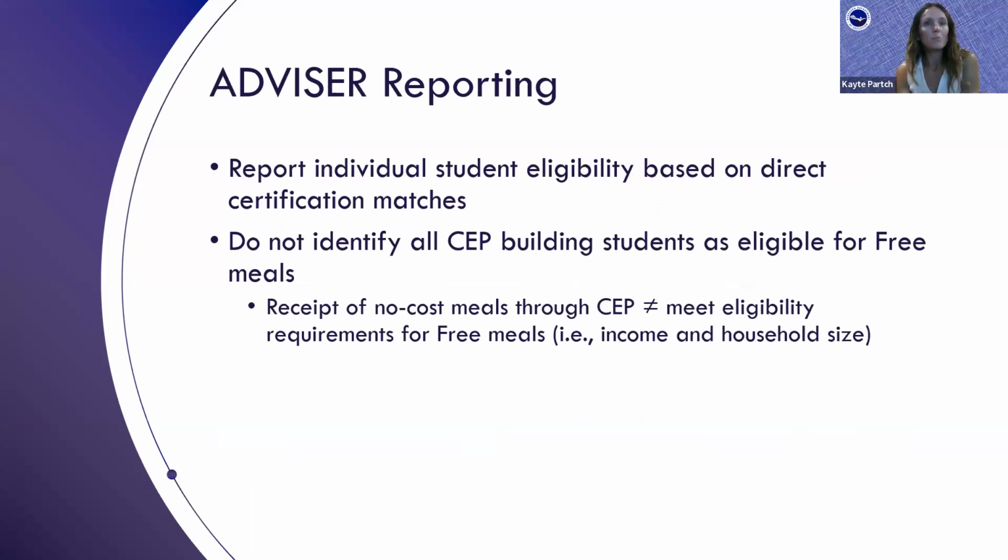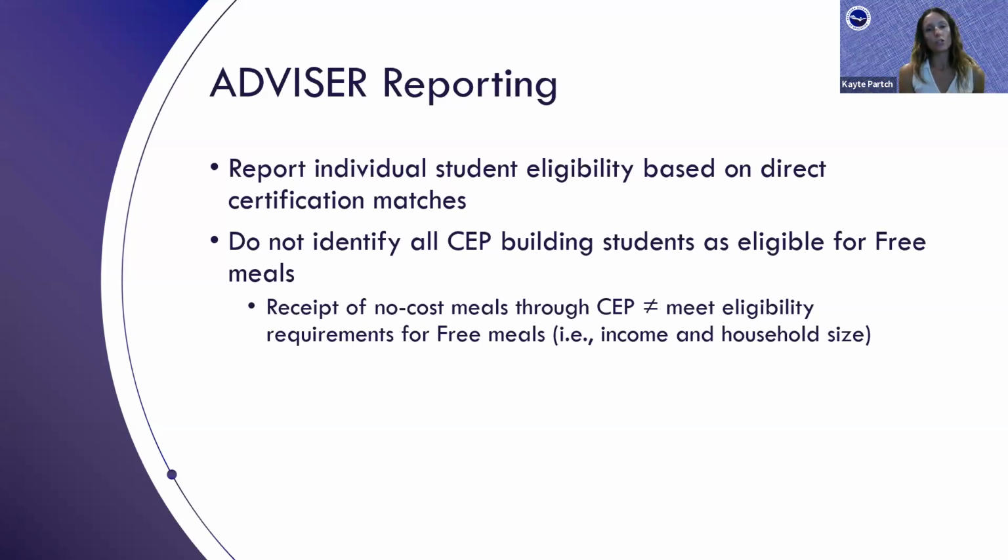Now we've got 3 reporting components to discuss, and I touched on this early on in the slides. Advisor reporting is really important for reporting individual student eligibility based on those direct certification matches that you're finding in the direct certification system. So continue to provide that enrollment information in your student information system, which about mid-September begins to automatically share enrollment info with the direct certification, with advisor.